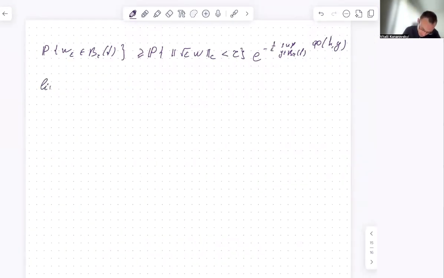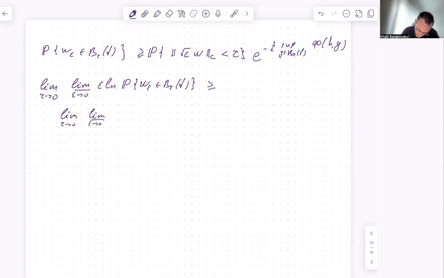Limit as r goes to 0 of the lower limit as epsilon goes to 0 of epsilon logarithm of the probability of w epsilon belonging to B_r(f). We estimated that from below: it is larger or equal to the limit as r goes to 0, limit as epsilon goes to 0 of epsilon logarithm of the probability that the norm of square root epsilon w in C is less than r. If you like, I can write that as r divided by square root epsilon, multiplied by e to the power minus 1 over epsilon supremum over the ball.